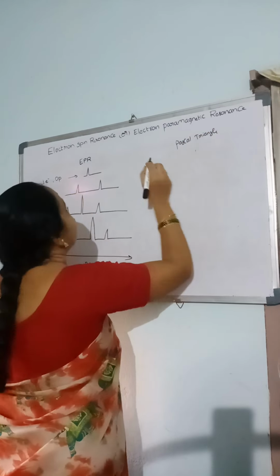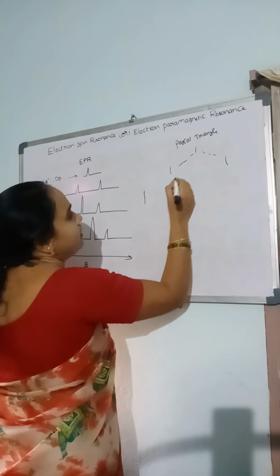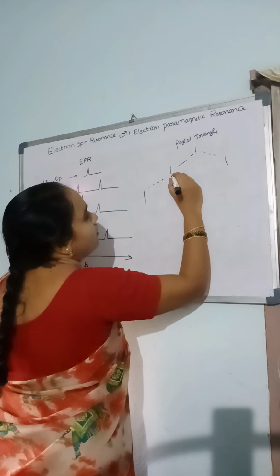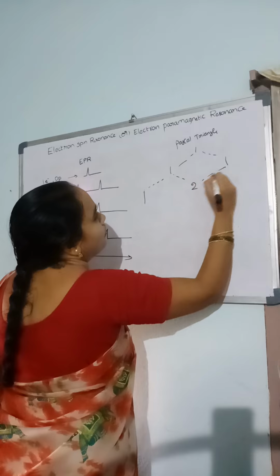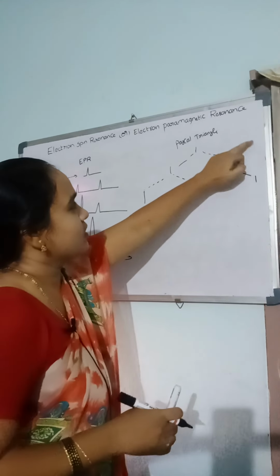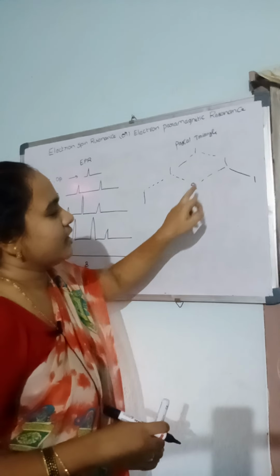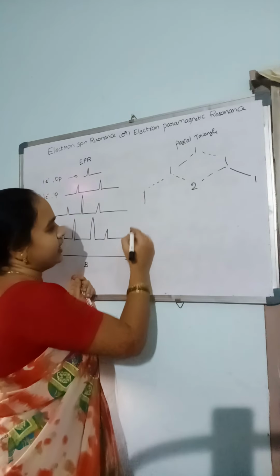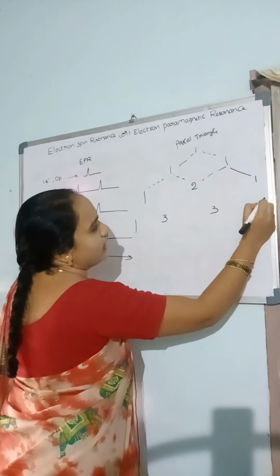So 1 1 1, next 1 2 1. If you consider this as 0 0, 1 1 here, 1 1 plus 1 2 1. Again we are getting 1 1 plus 2 3, 2 plus 1 3, again 1.